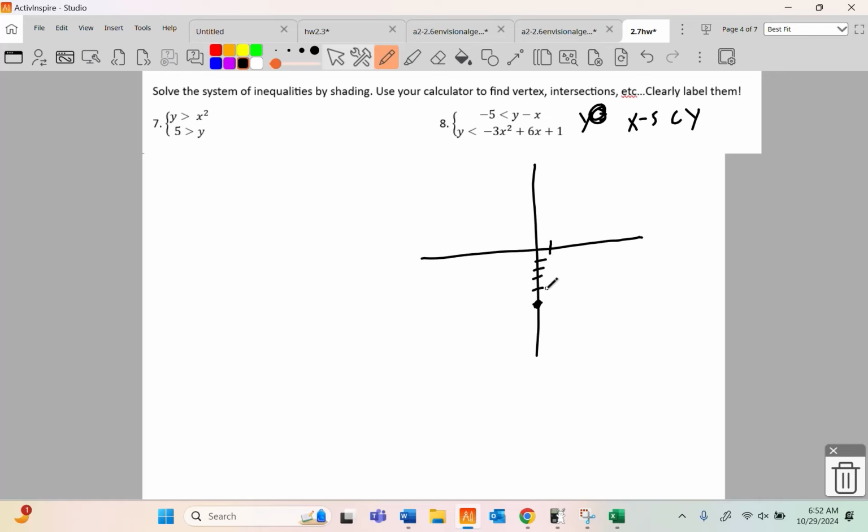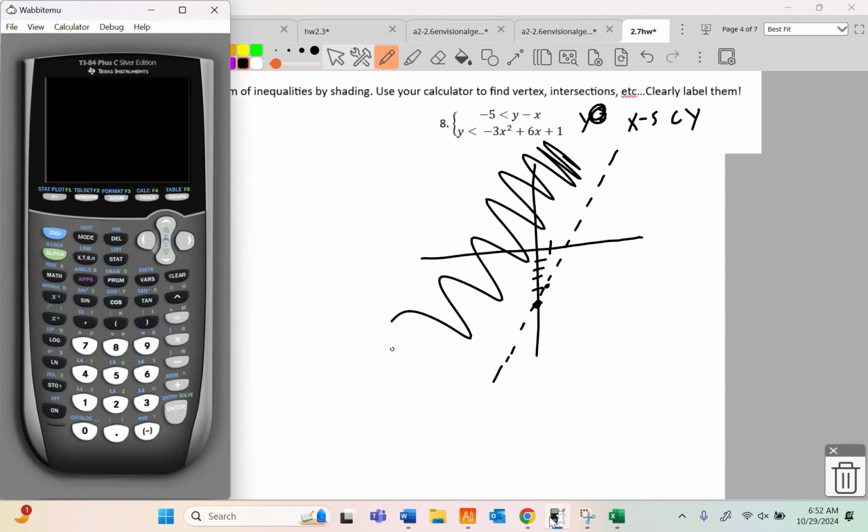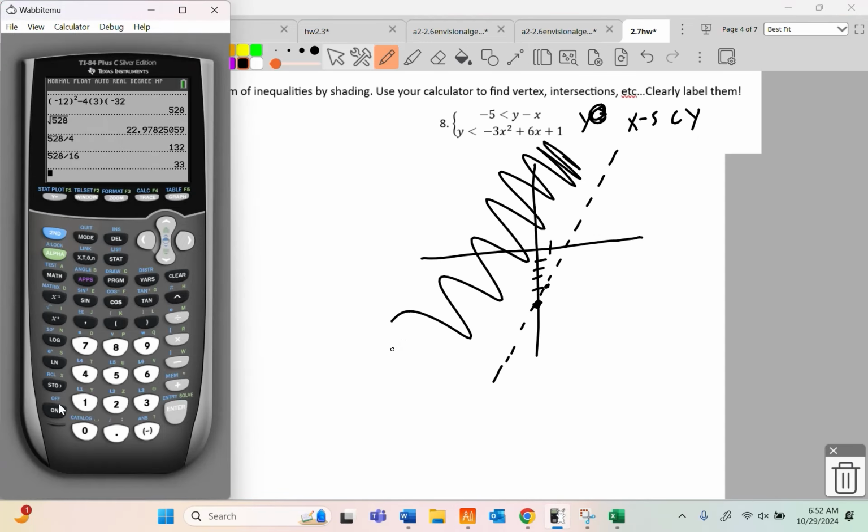Rise one, run one, right? And it is dashed. I can do that one. And it says y is bigger, so it's going to be shaded this way. All right. The other one's going to be a parabola. We know that.